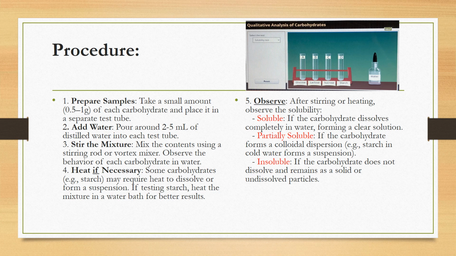Partially soluble if the carbohydrate forms a colloidal dispersion, like starch in cold water forms a suspension. Insoluble if the carbohydrate does not dissolve and remains as a solid or undissolved particles.